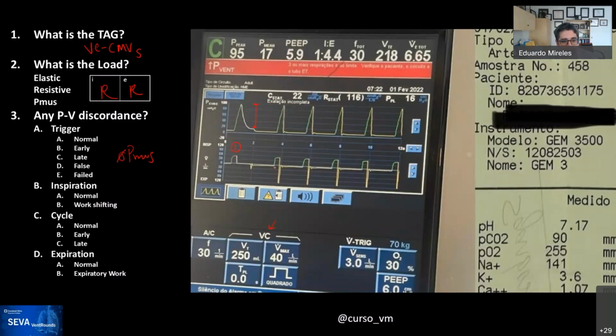There's no evidence of PMOS, so they are triggered by the machine and cycled by the machine. And it's set point. That's the only variable here. You set the tidal volume, you set the flow, and you set the type of waveform.